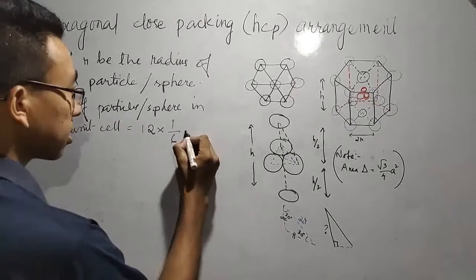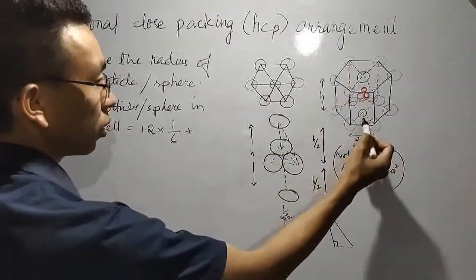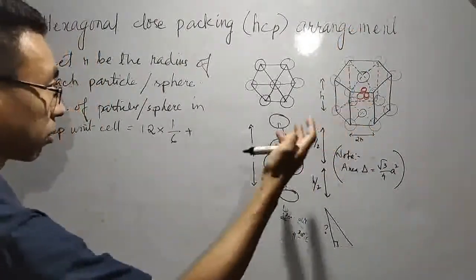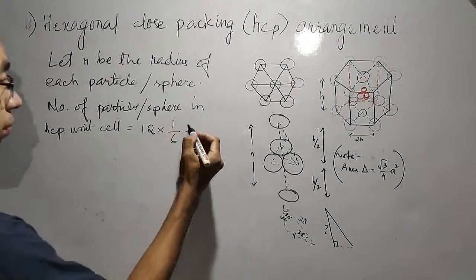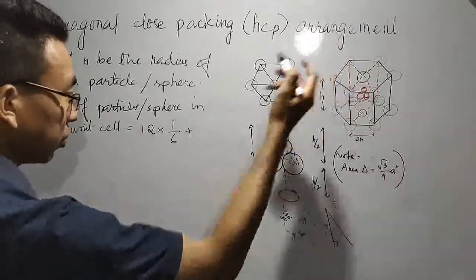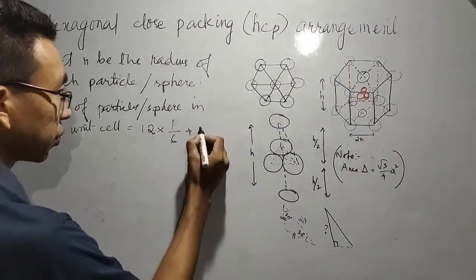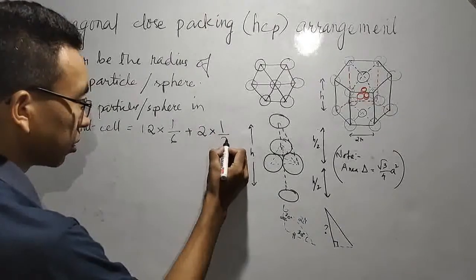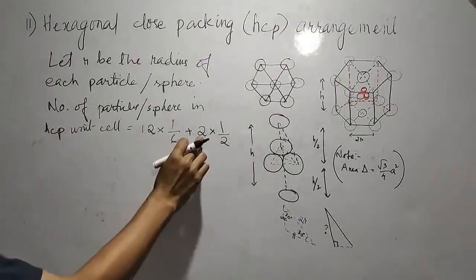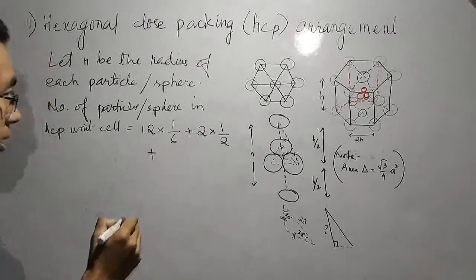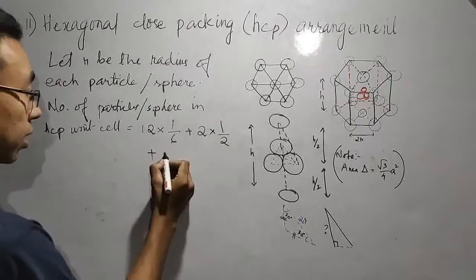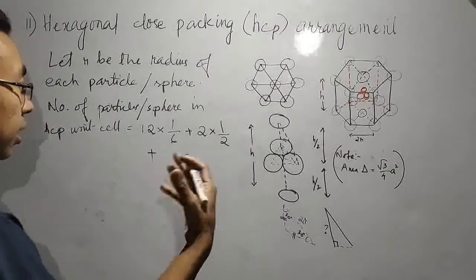Then the next one is 2 particles or 2 atoms on the faces, on the 2 faces only. So they contribute half of their share. Only 2 are there, and each contributes only half of its share. Therefore it will be 2 into 1/2, plus 3 atoms on the body center of the unit cell, which completely contribute.